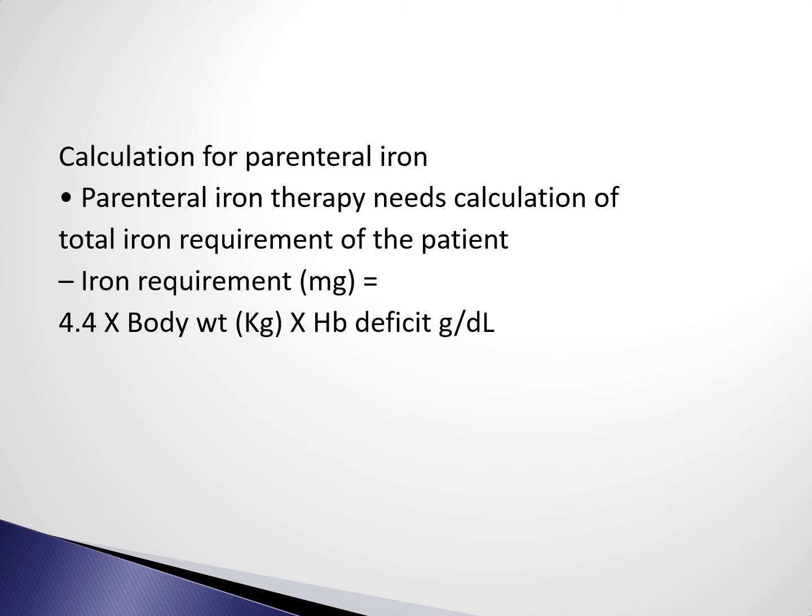HB deficit means the difference between what the hemoglobin concentration of the patient should be and the actual hemoglobin concentration. So this formula gives you the total iron requirement of the patient.